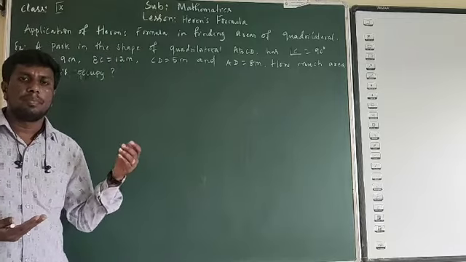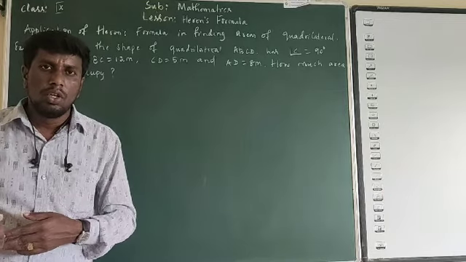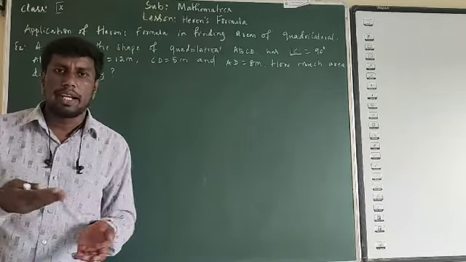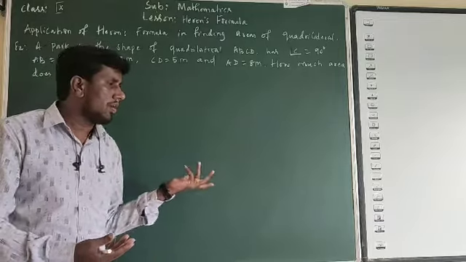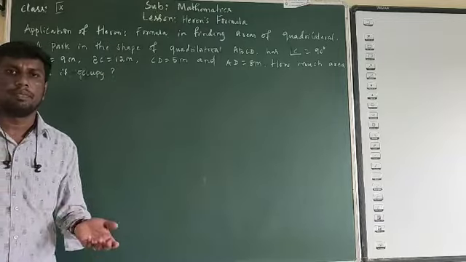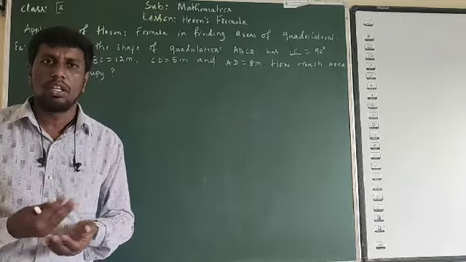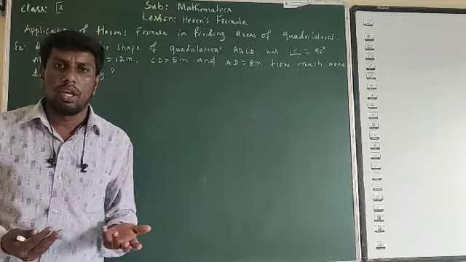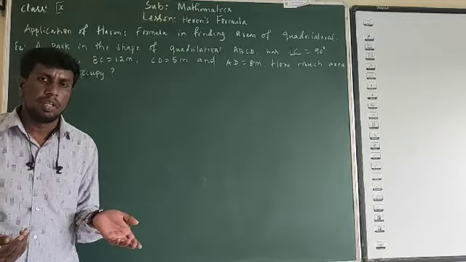There we have particular formulas to find the area. If it is a rectangle, we can use the direct formula, length into breadth. If it is a square, then side squared gives the area.